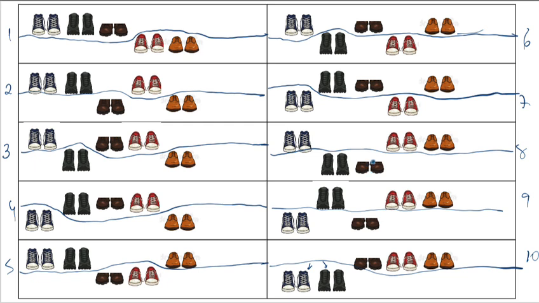Then I get the brown. The brown already went with the red, so the brown with the second, the brown with the first, and finally I take the gray. It went already with the others, so I do just the gray with the first. Okay, so these are the possibilities. I did this by hand.